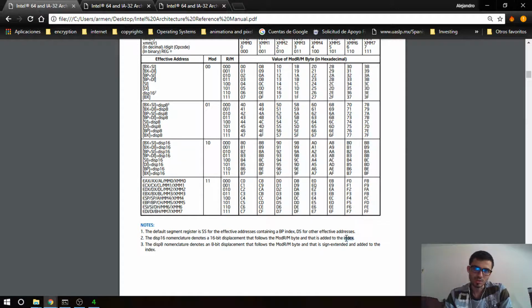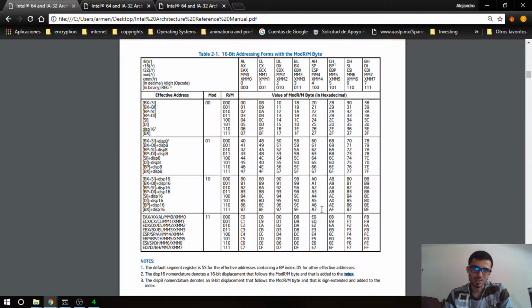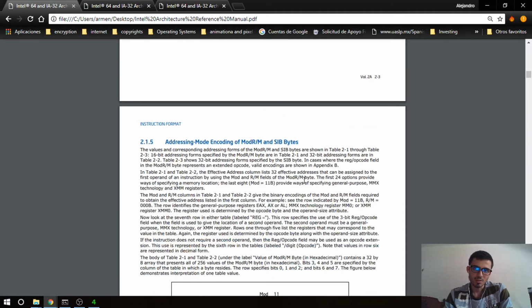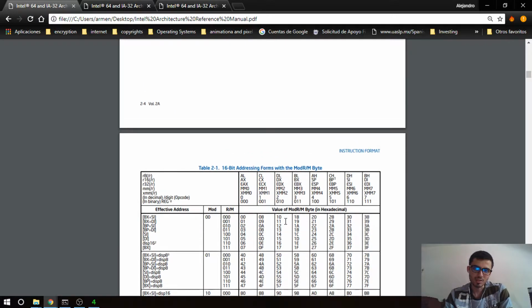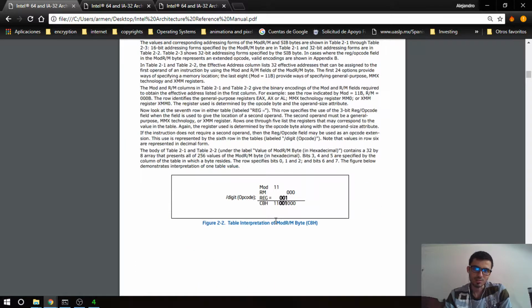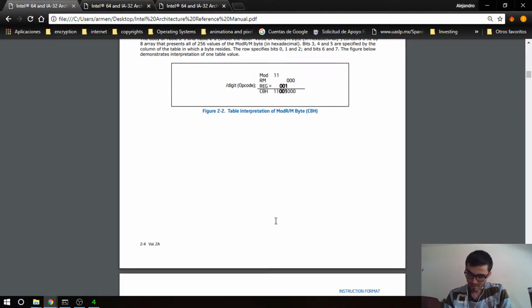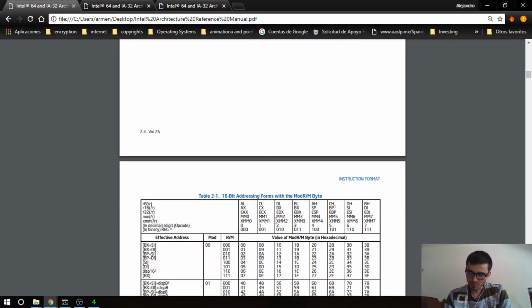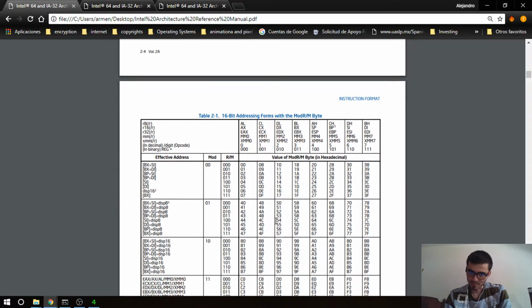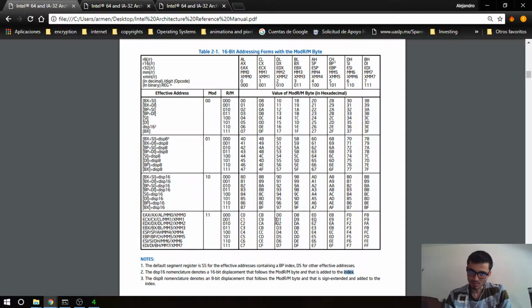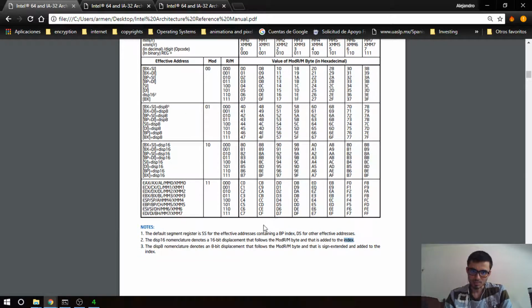So you're using SIB as well? Because I don't see SIB here in any way. SIB just encodes, remember, the scale, the index, and the base. So whenever they say index, you have to understand that it's referring to the SIB, I guess. But the SIB is for the second operand, if I imagine. I don't remember.